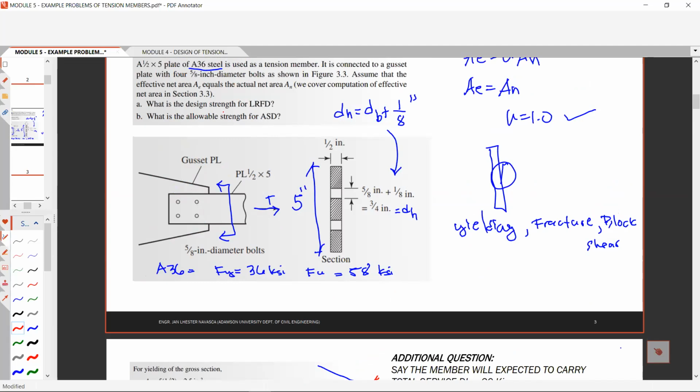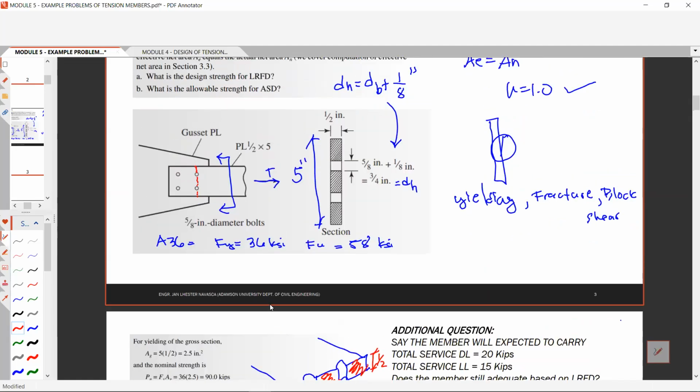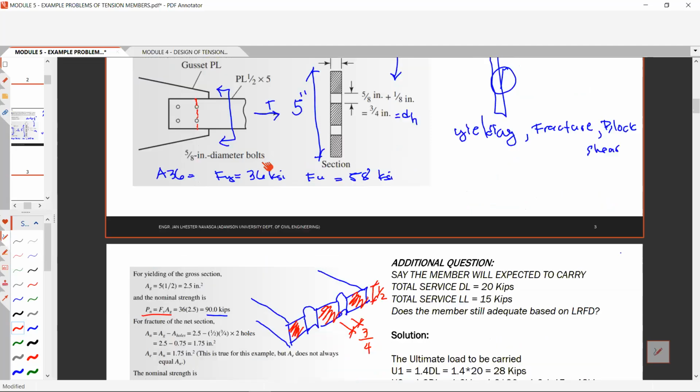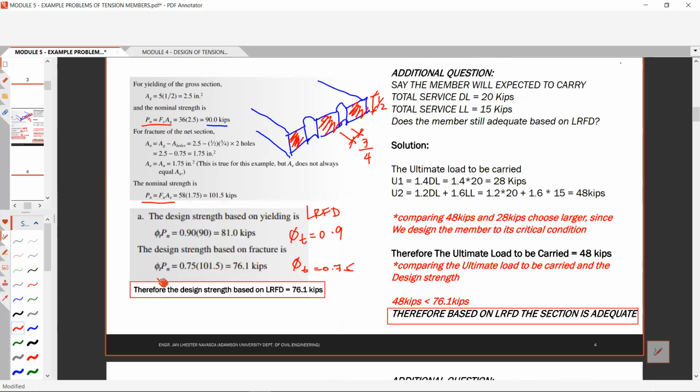Let's say at 75 kips, you can see a fracture here, it has cracked. Then applying additional load, let's say 76, 77, the section totally fractures at 76.1 kips. So that is why we are choosing the smallest design strength, and your design strength will be 76.1 kips.